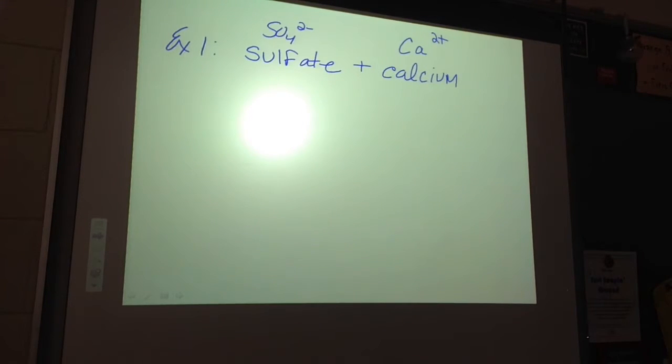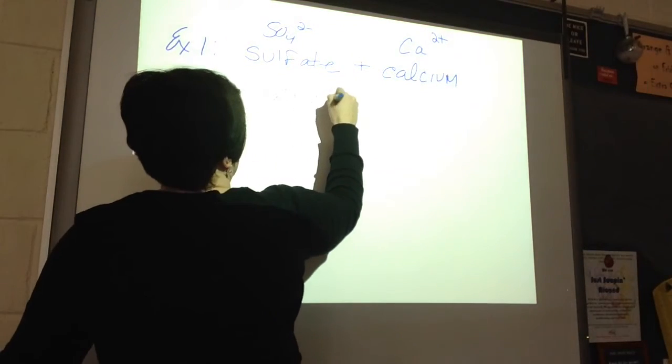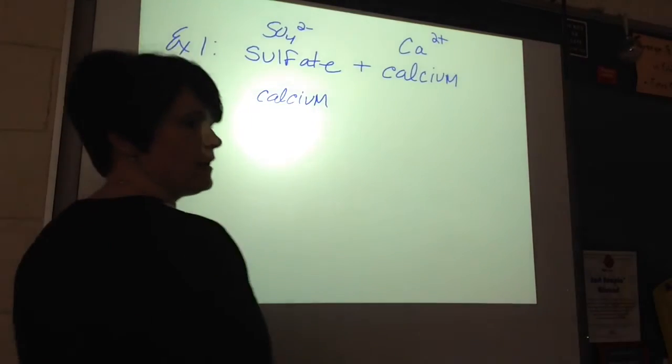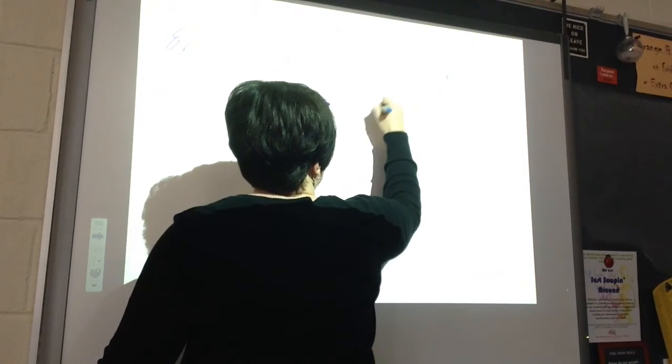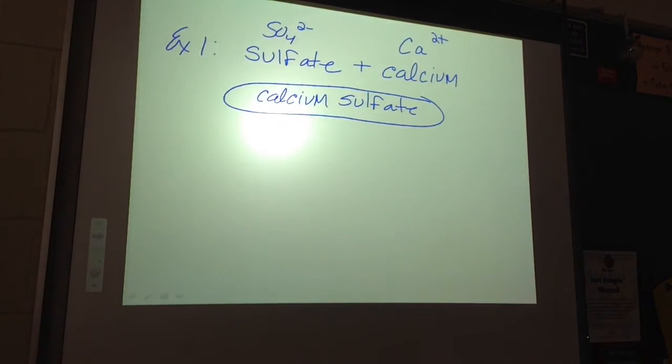Now, we need to name this. We always start with the correct name. Who is the cation? Calcium. Don't capitalize. The anion is sulfate. We're not changing the ending, because if we did, we'd make it just sulfur. So calcium sulfate. That's the name. Done with the name.